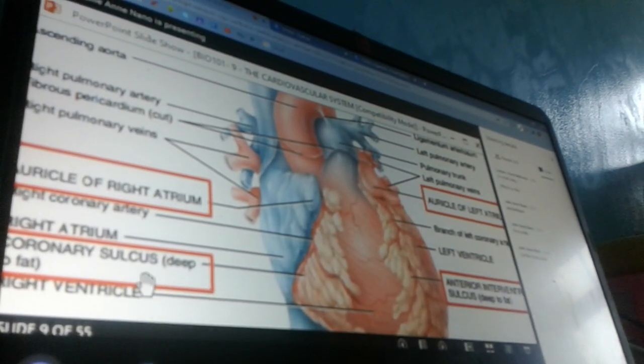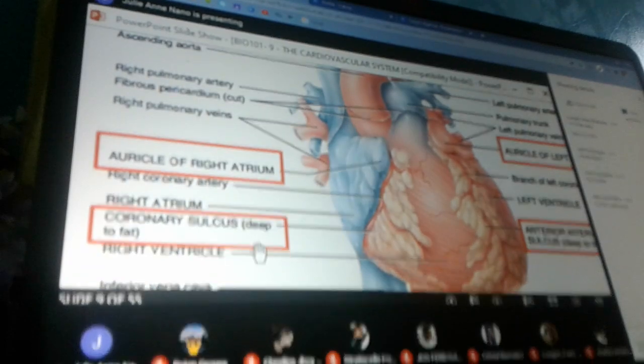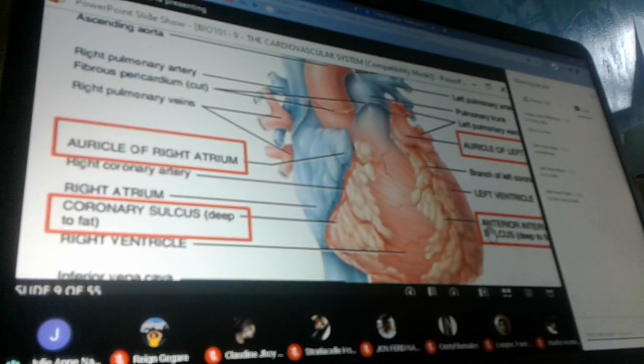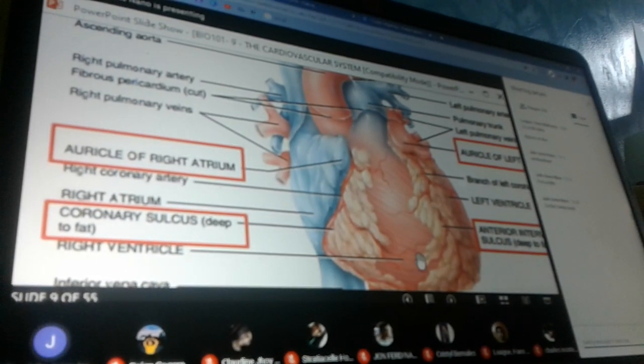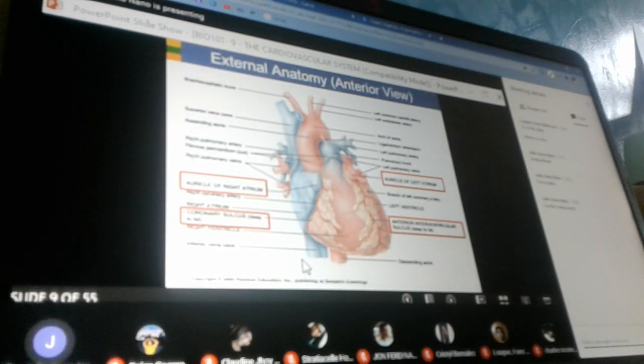So, itong coronary sulcus, class, deep ito siyang groove. Okay? And then, it encircles most of the heart. So, from dito, tapos sa likod nakapabalot yung ating sulcus. Titingnan natin later. So, by the way, this sulcus, class, it also separates yung mga chambers natin, okay? So, ito si coronary sulcus, it separates the right atrium as well as the right ventricle, okay?